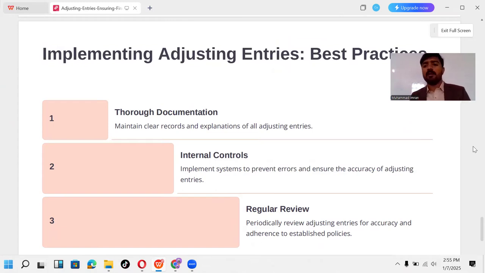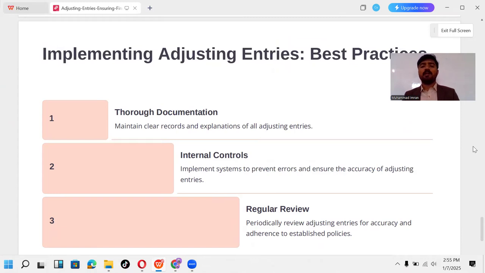And if some external parties or the management need these records, then there should be documents which provide the record of these assets or liabilities or whichever transaction they are going through.